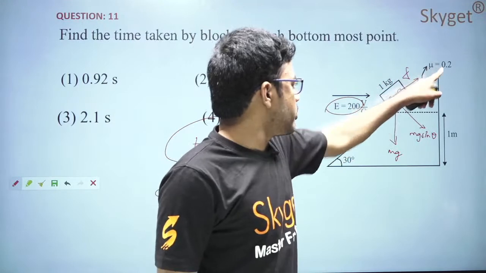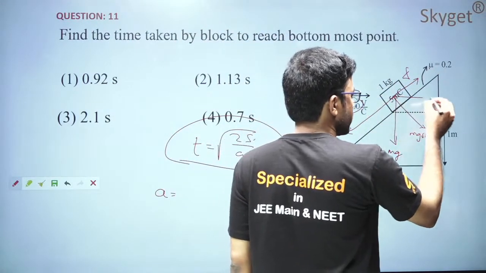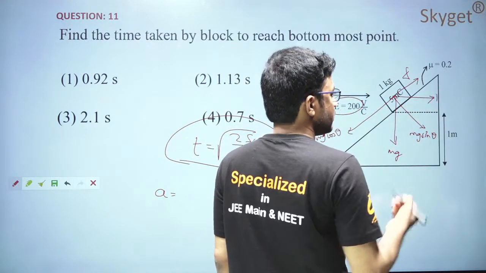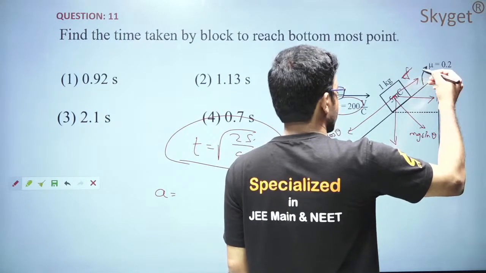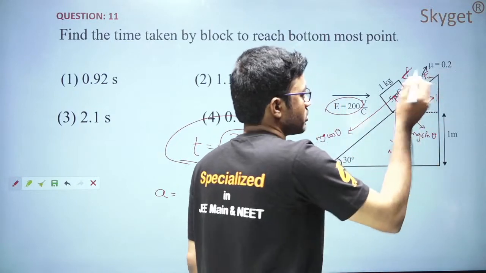Either it can move upward or it can move downward. So this is the direction of the force acting because of the applied field intensity. In the direction of the plane it would be Fx, and here the angle would also be 30.